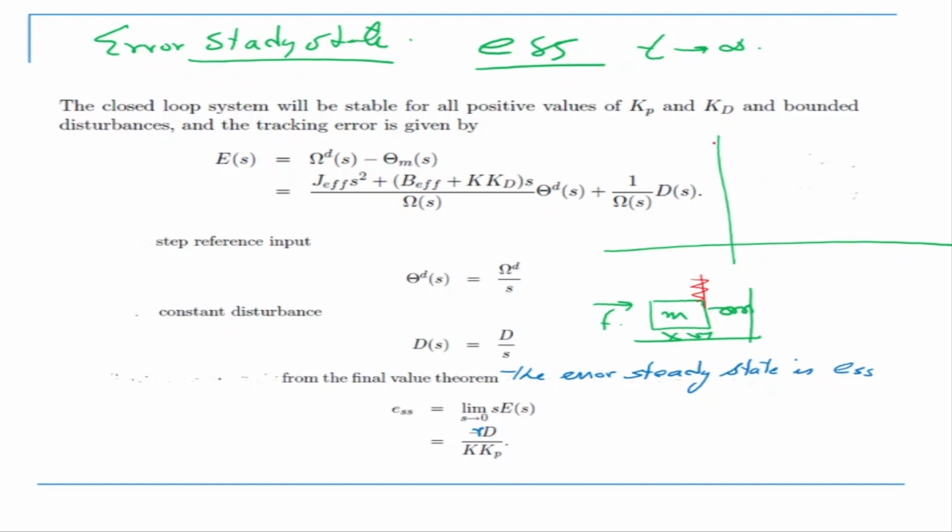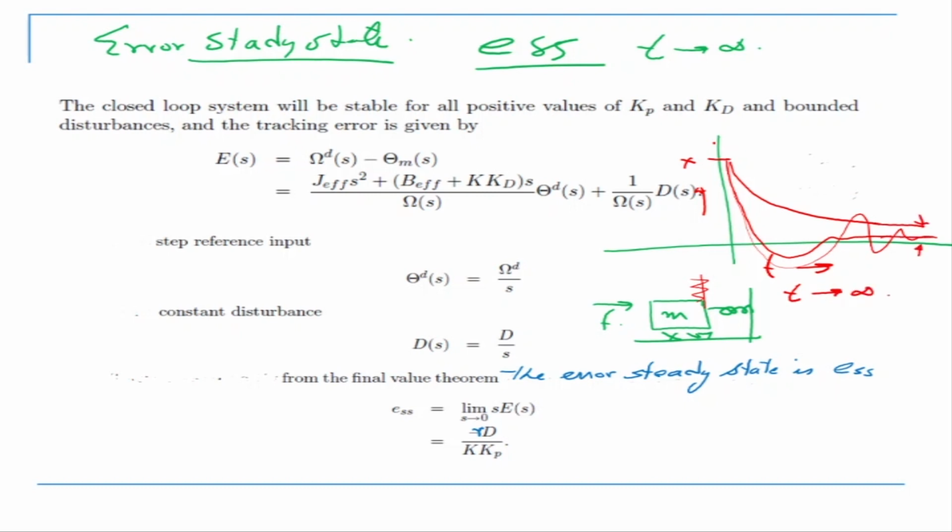Suppose I take it to the point X and I leave it. It will either come like this, or like this, or like this. But the question is, as time goes to infinity, what will happen here?